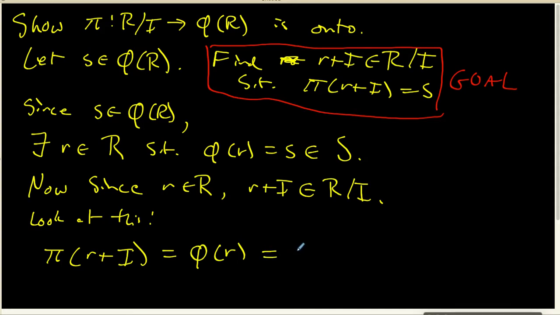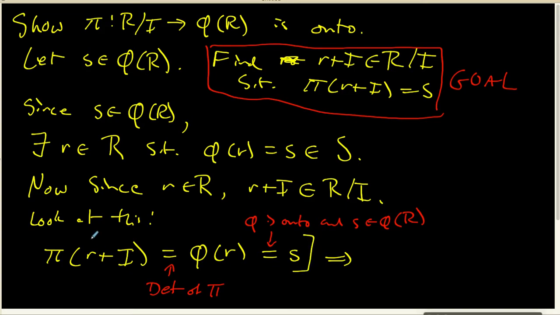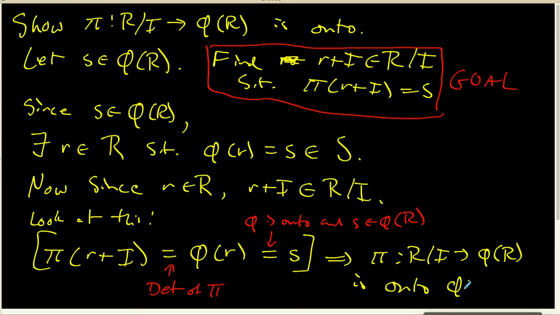But phi of r is just s. The first equality is the definition of pi, and this particular equality is because s was chosen to be inside phi of R. But the net result of this is that this set of calculations implies that pi, taking R mod I to phi of R, is indeed onto the subring phi of R.